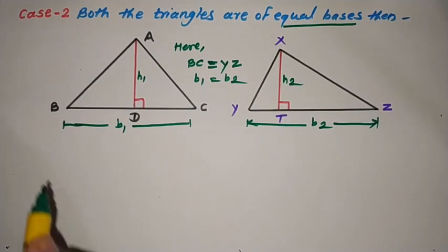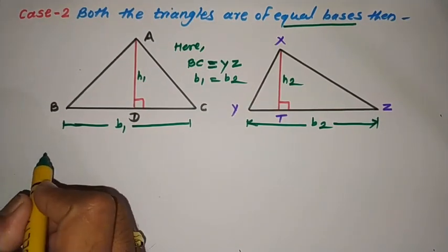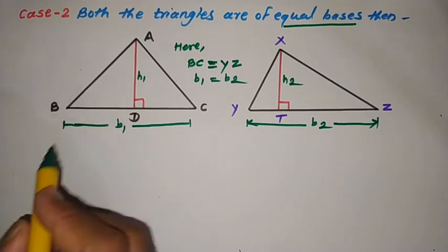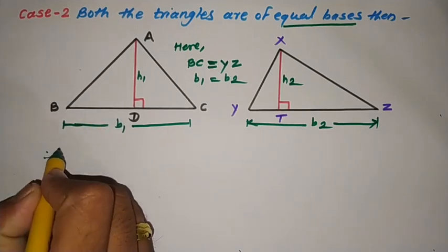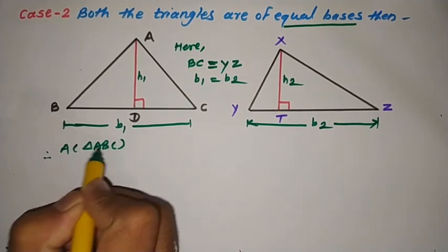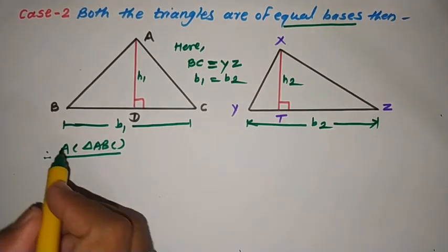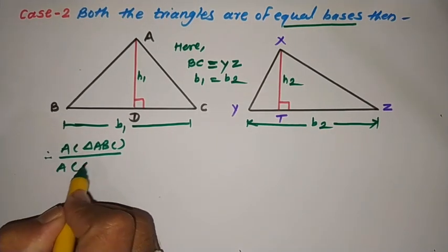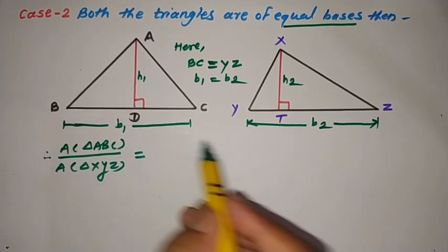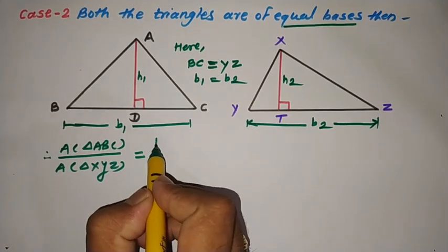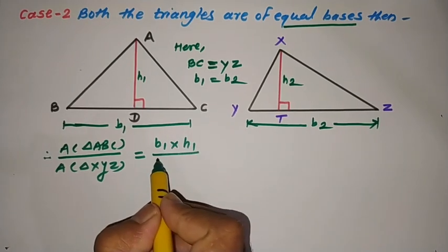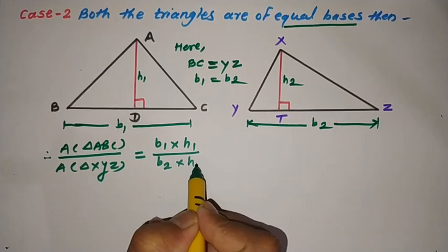The ratio of area of two triangles is the ratio of product of base and heights. Therefore area of triangle ABC upon area of triangle XYZ is equal to base into height, B1 into H1 upon B2 into H2.